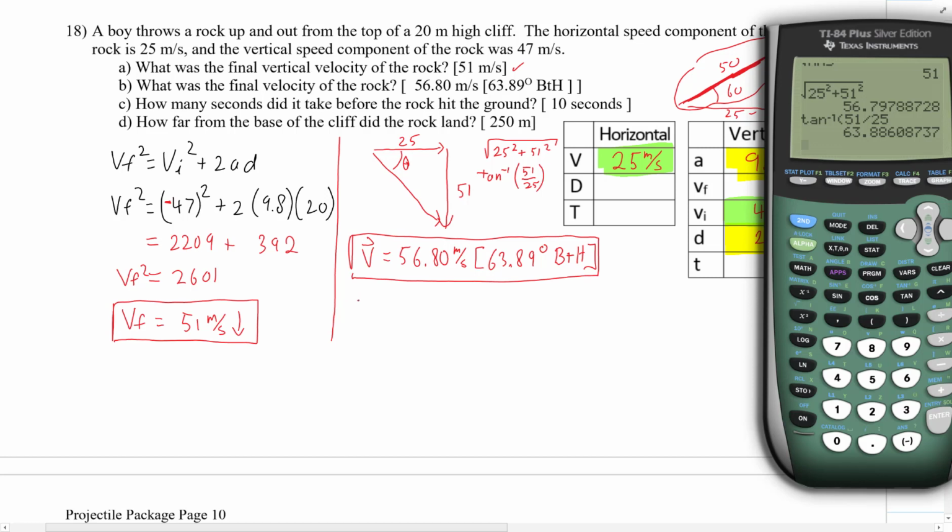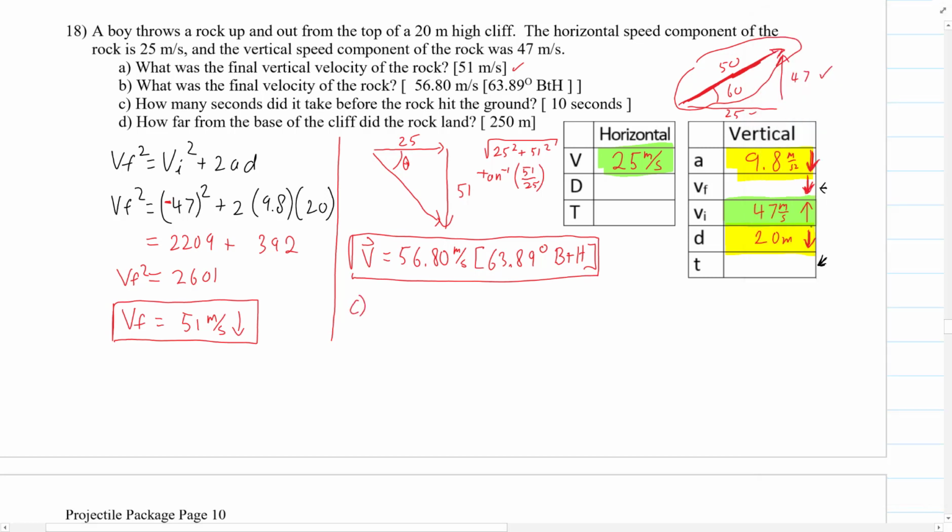And now part C: how many seconds did it take before it hits the ground? So it launched upward at 47 and it landed downward at 51. So the change in velocity is not 4. 47 this way and 51 this way, what's the difference between them?